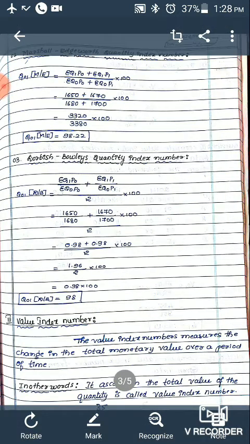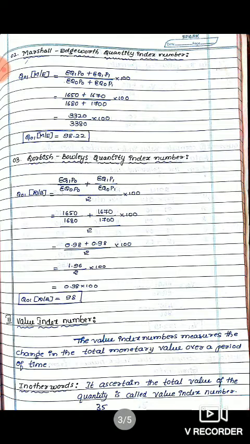Next, we can go through the third type of index number, that is the value index number. My dear students, already I have discussed the types of index number. The first type is price index number, the second type is quantity index number, and the third type is the value index number. Then what is the value index number?